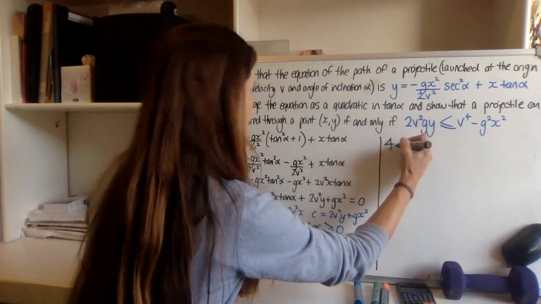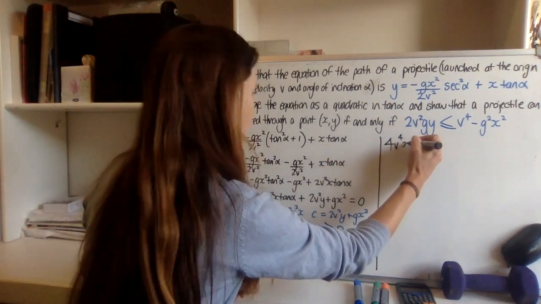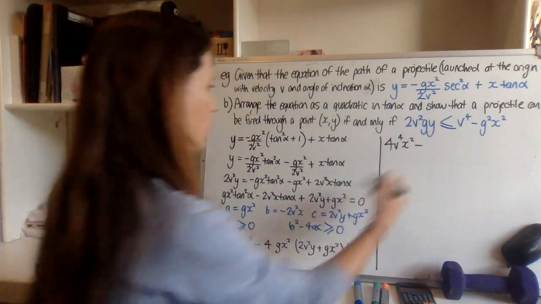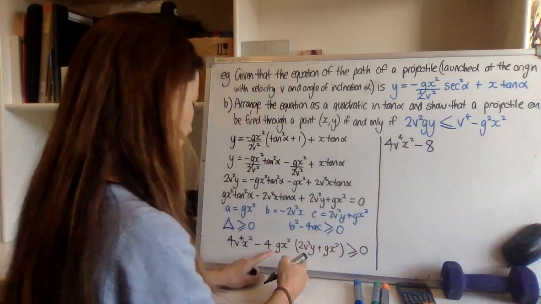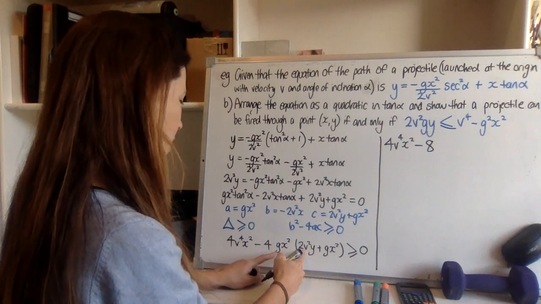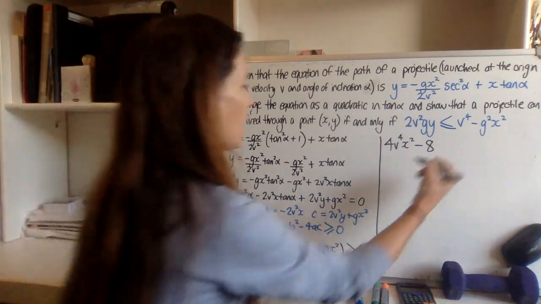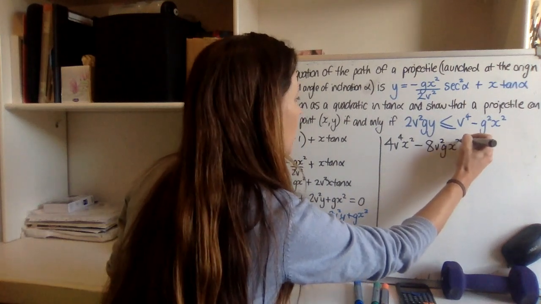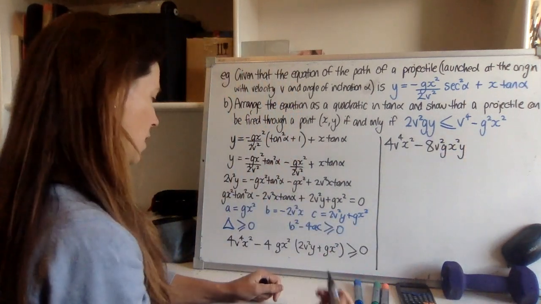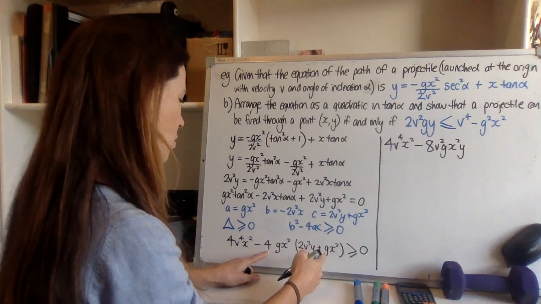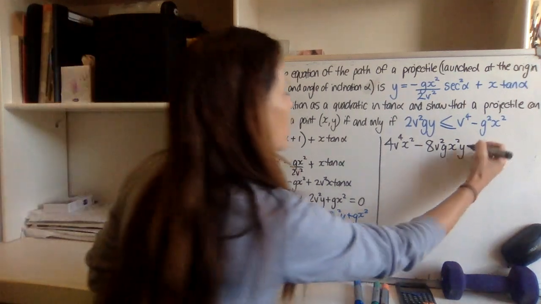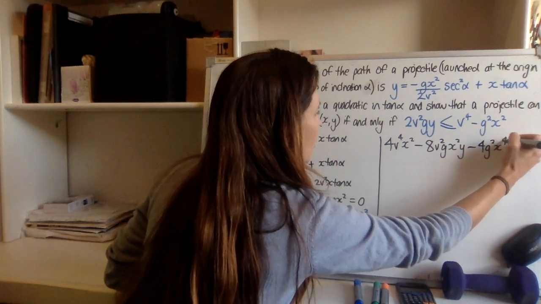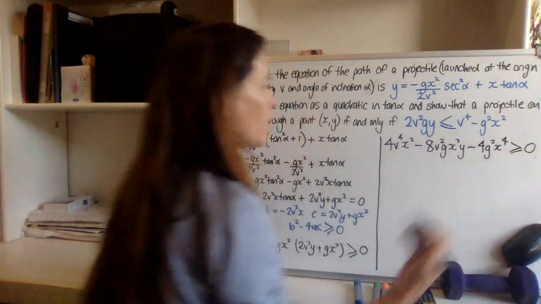I've got 4v to the 4 x squared minus 8 v squared g x squared y, and then I've got minus 4 g squared x to the 4.